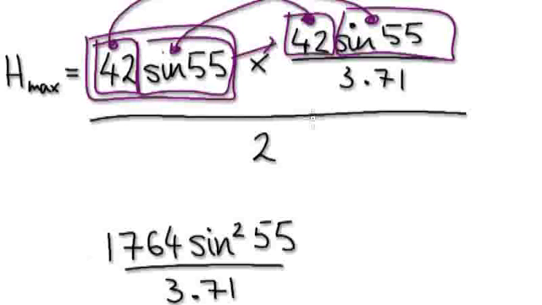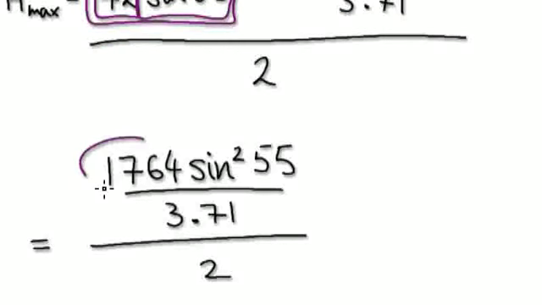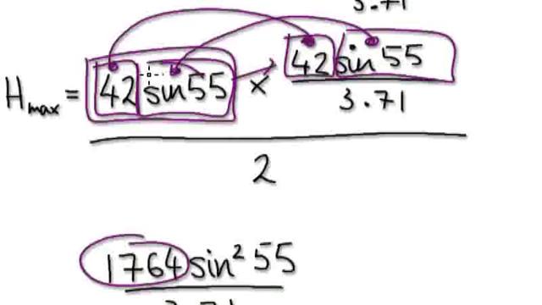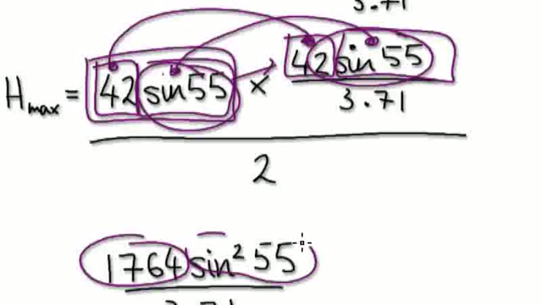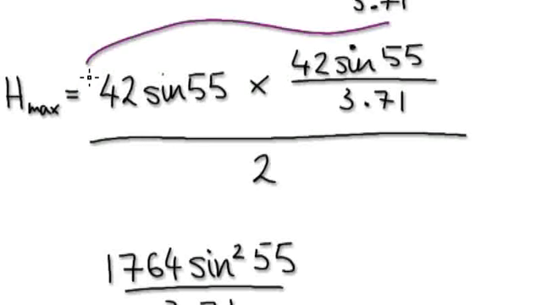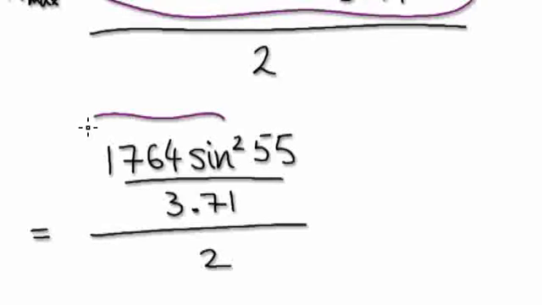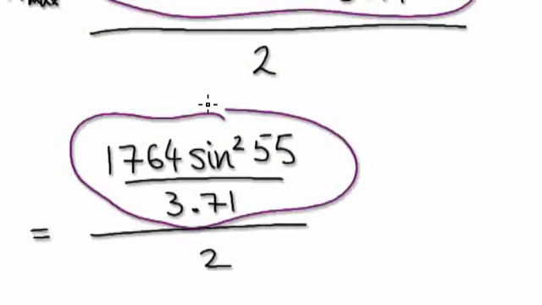That will give you 42 times 42 would be this, and then this thing here times this thing here will be sine squared 55. But basically this whole thing here is this whole thing here.